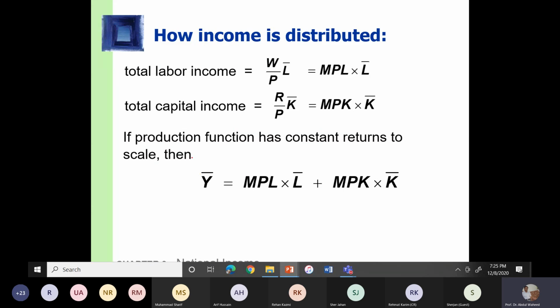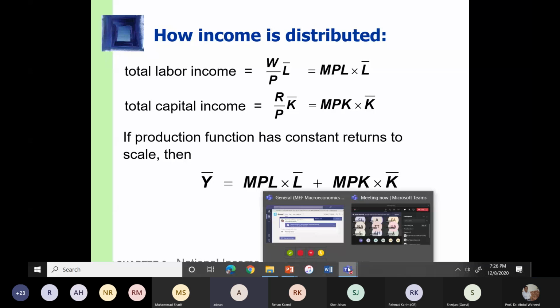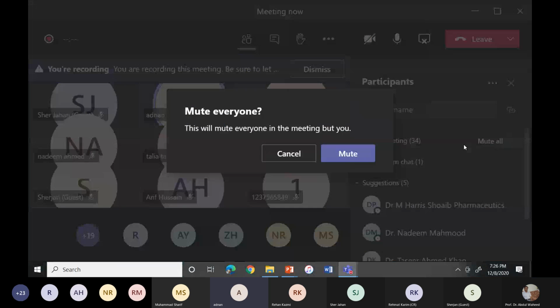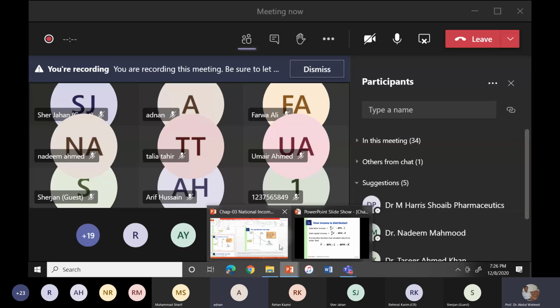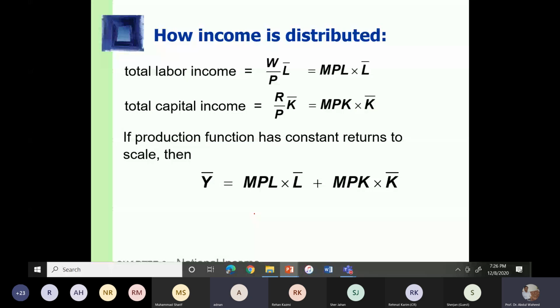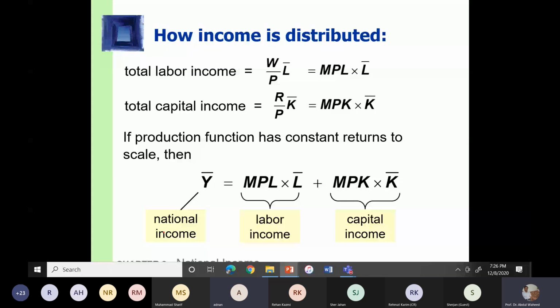So this is the distribution of income. This is total output. So this means total output is distributed to labor and capital. So this is the total labor income. This is your national income, this is labor income, and this is capital income.